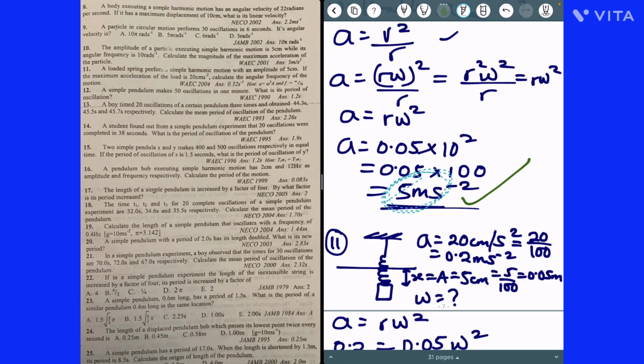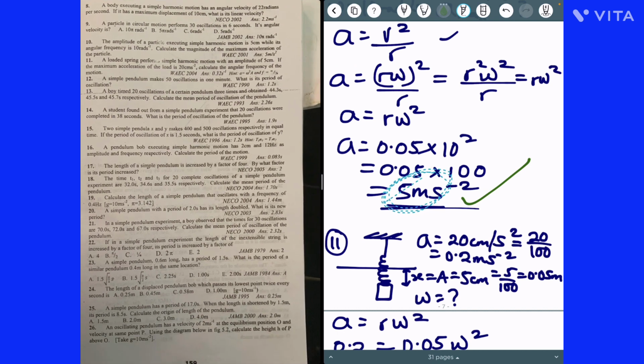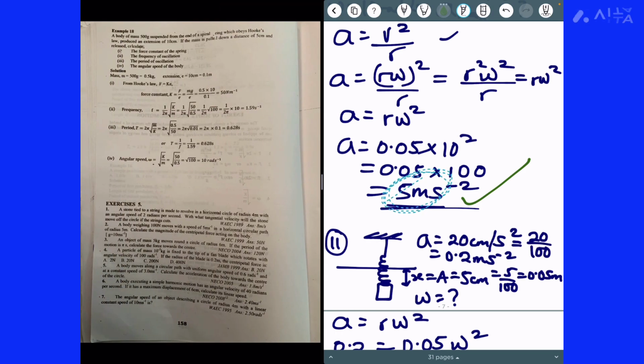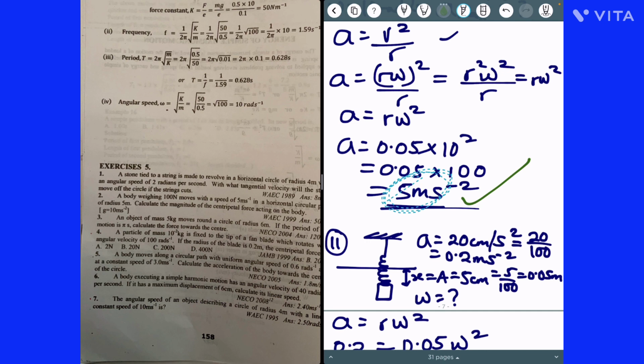Let me give you 1 or 2 questions to answer as your classwork. So please jot this down. Classwork, question 1. I'm just going to give you similar questions like the ones we've treated. Question 1. Are you ready?